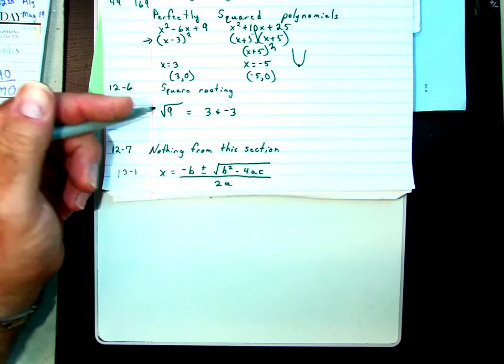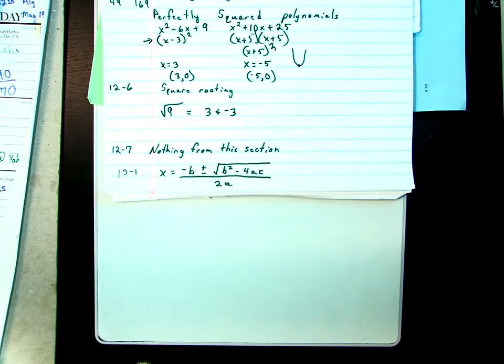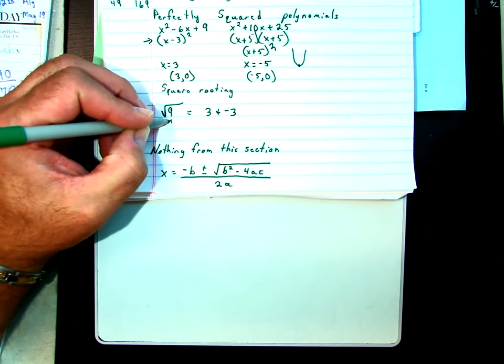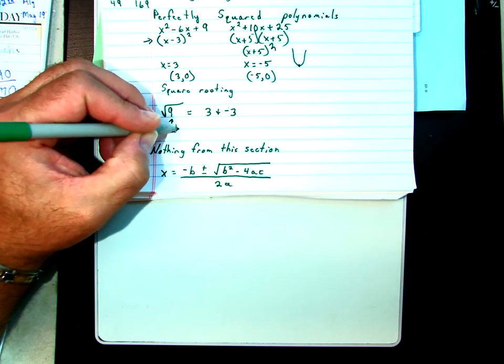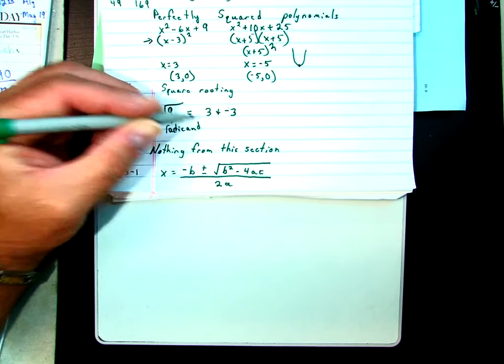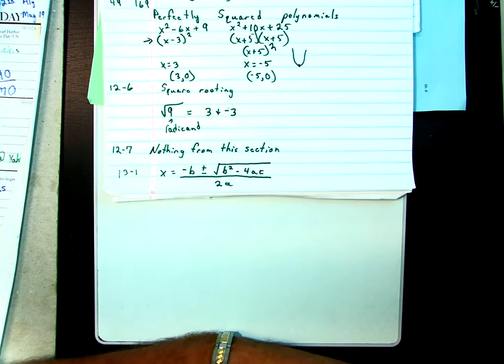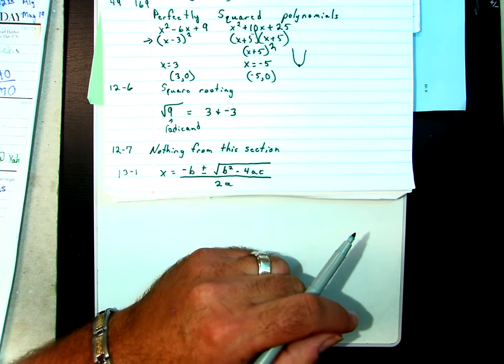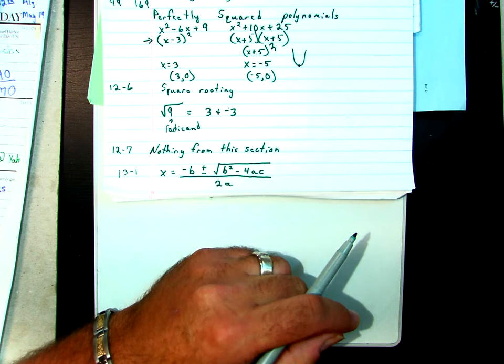So you have a radical, this is the radicand. Radical, radicand. You should know the difference between an expression and an equation. An expression has no equal signs and an equation does.